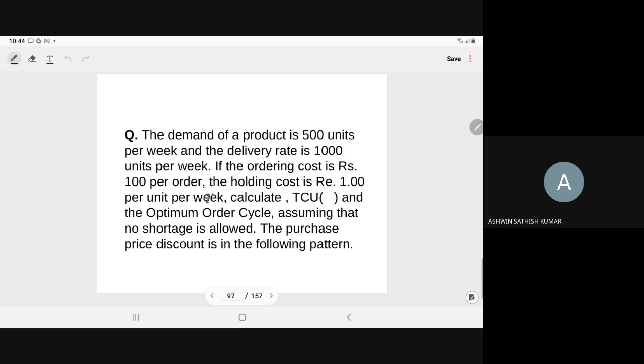So let us understand this concept by a question. The demand of the product is 500 units per week, that is D, and the delivery rate is 1000 units per week, that is A. The ordering cost is rupees 100 per order, independent of the quantity, meaning it is the setup cost per order.